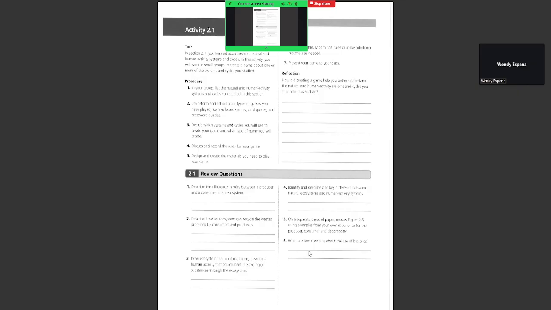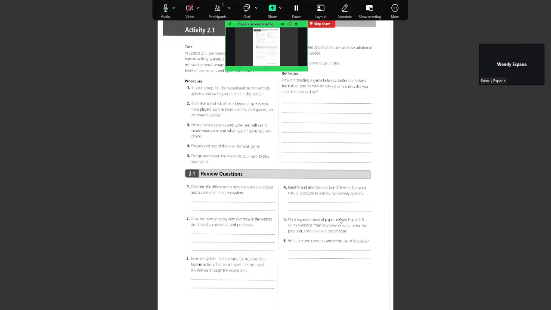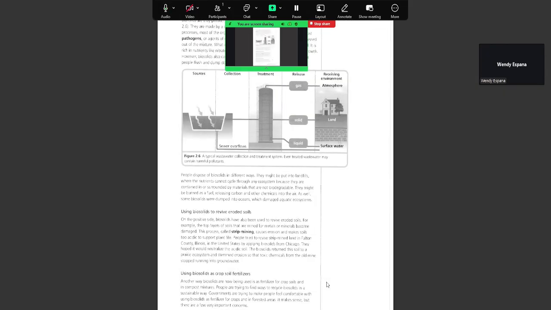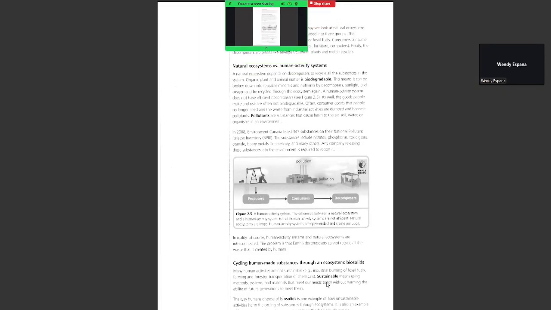Okay, number 5, on a sheet of paper, redraw figure 2.5. So this one here has given people a really hard time in the past. So I wanted to just go look at that and review that. This example here is a human activity system, figure 2.5 on page 32.